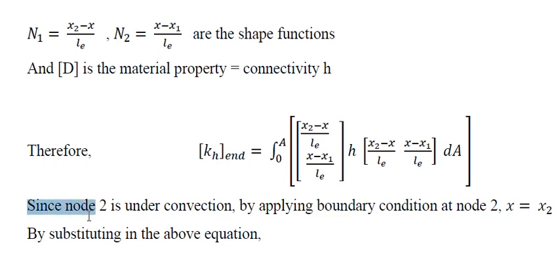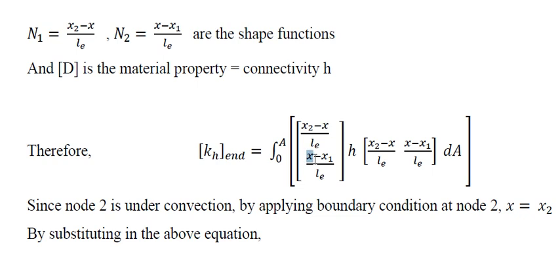And a very important concept is, since node 2 is under convection, apply boundary condition at node 2. We are dealing with convection only. X is equal to x2. Replace x as x2.